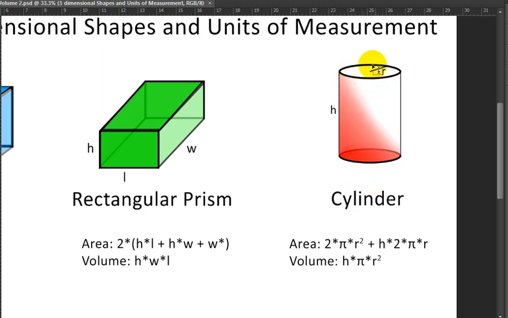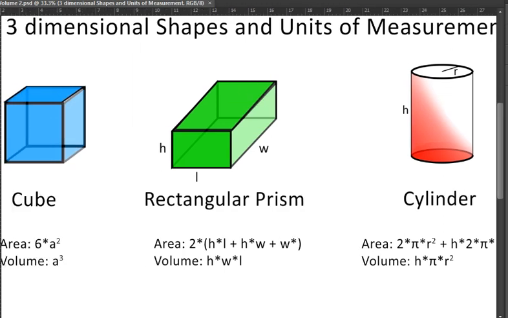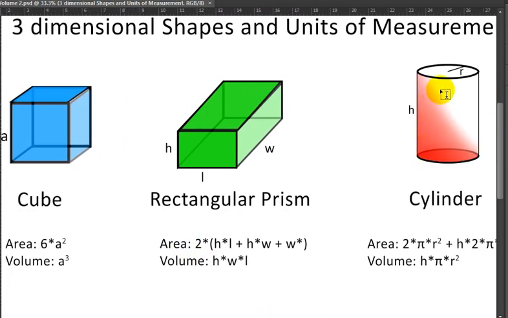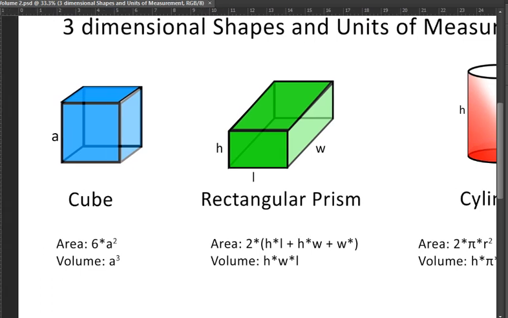What needs to be pointed out is that the circle on the top needs to be exactly the same as the circle on the bottom, because if it's not, then it is not considered a cylinder, but rather a cone. And we're not going to be talking about cones. So basically what that means is that the radius of the circle on top is the same as the radius of the circle on the bottom.